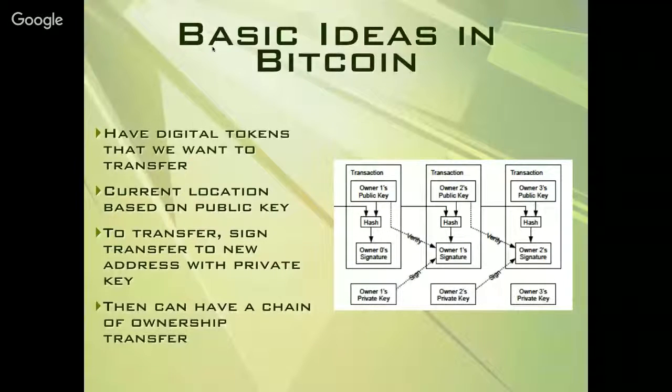So I could send some Bitcoin to Dave. To do that, I sign using the private key corresponding to the public key. So the blockchain is the thing that keeps you from double spending.